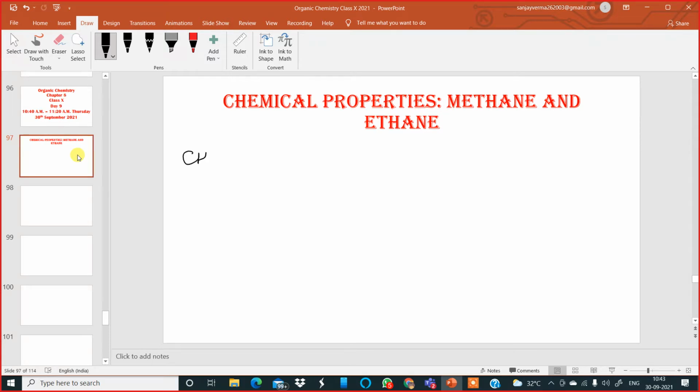Methane undergoes oxidation in the presence of molybdenum oxide, MoO, at a temperature of 350 to 500 degrees Celsius. And instead of becoming an alcohol, it is getting oxidized to an aldehyde, that is methanal, HCHO plus water.